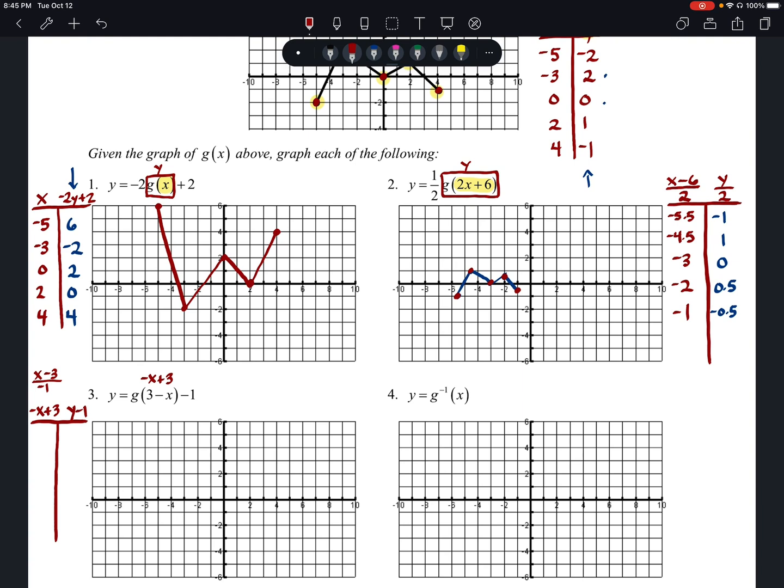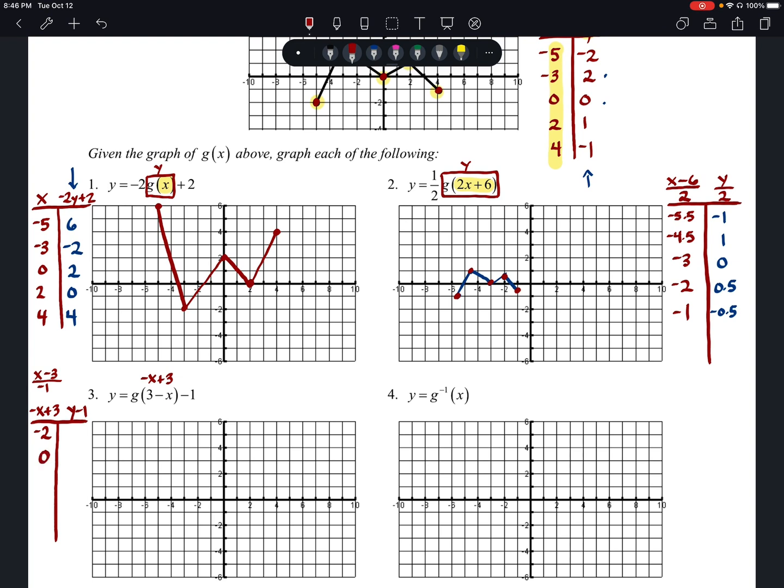Okay, so let's go ahead and apply those rules to our original x coordinates. Remember, you're still way up here, using these points. So negative 5 plus 3 is negative 2. Negative 3 plus 3 is going to be 0.